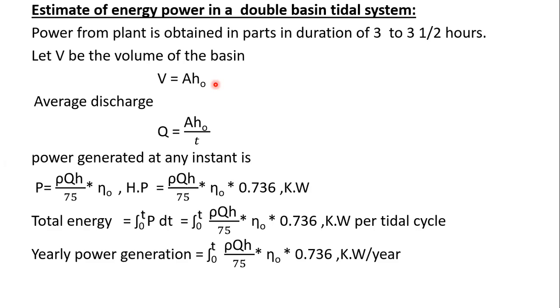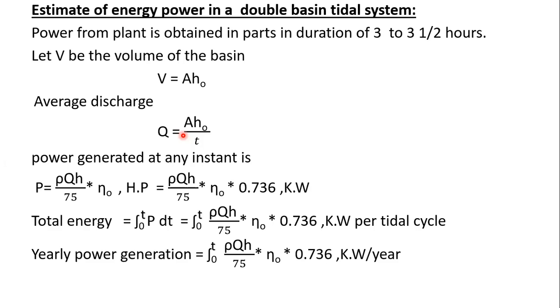From that, the average discharge Q can be written as A H naught by T, where T is the total duration of generation in one filling or in one emptying operation. So the time needed for full filling of the reservoir and full emptying of the reservoir is denoted as time T.